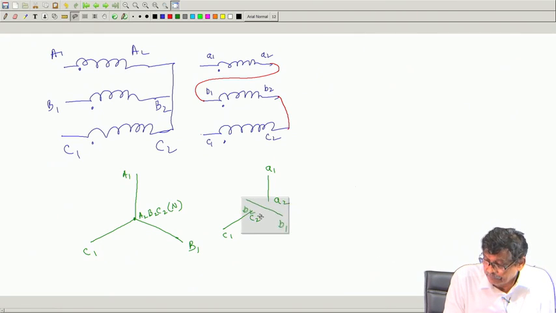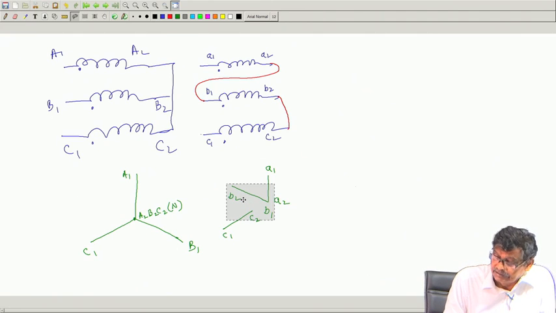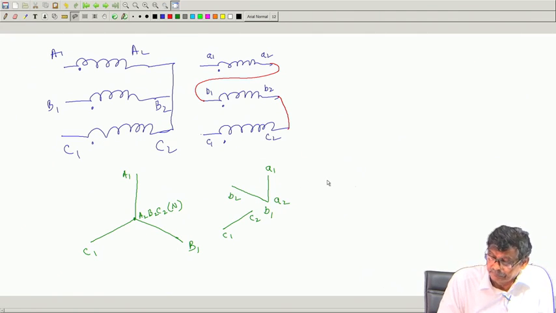So, move it, it will be like this, is it not? That will be the thing. Then what has he done? B2 he has joined with C2.